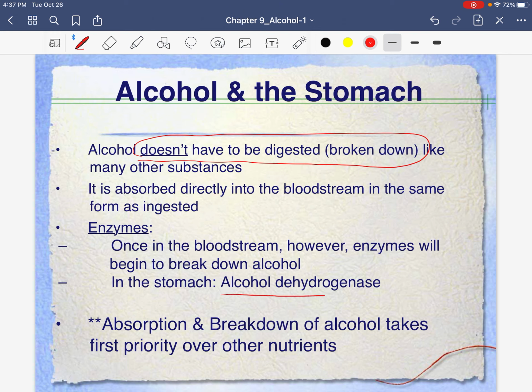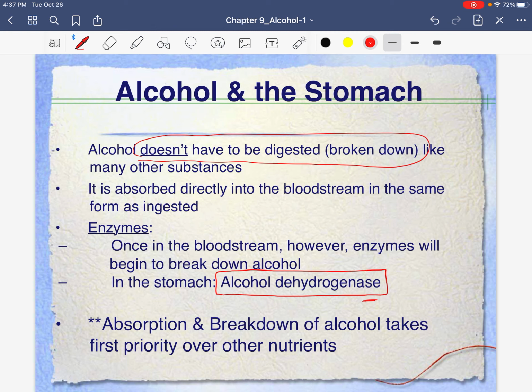The specific enzyme that we need to help chemically break down alcohol is alcohol dehydrogenase. I talked about enzymes before. When you see a suffix ase, amylase, lipase, protease, we tend to think enzyme. So here, the enzyme is in the bloodstream.